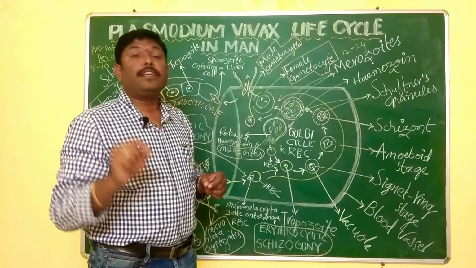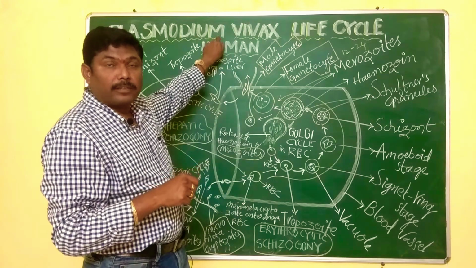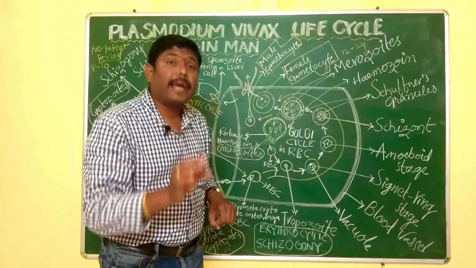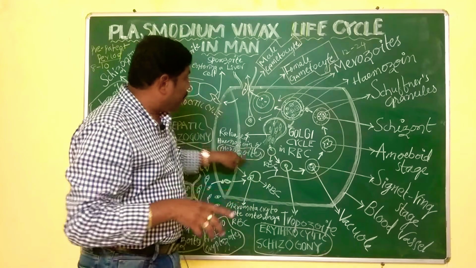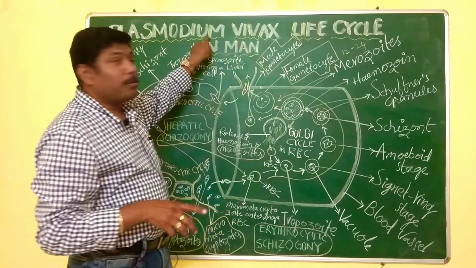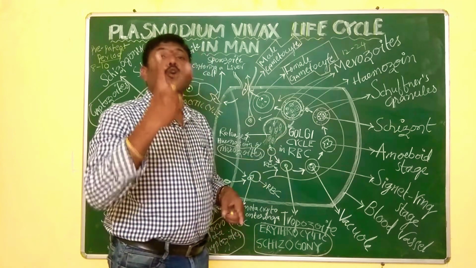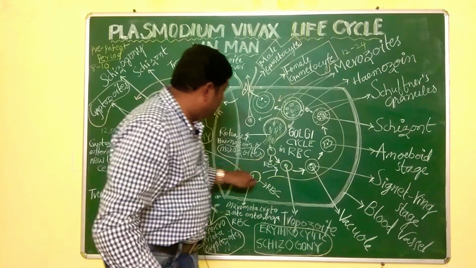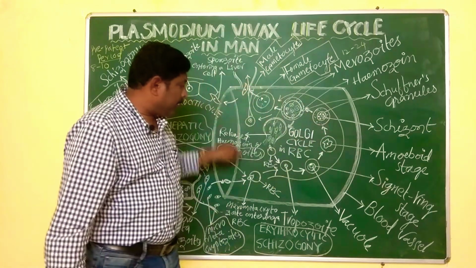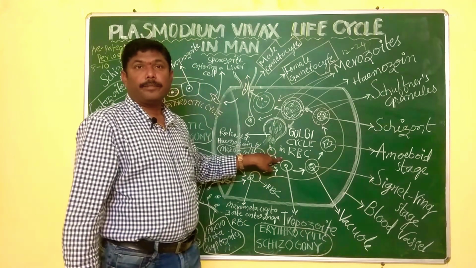The malarial fever which is occurring due to Plasmodium vivax is called as benign tertian malaria, and in RBC the Plasmodium vivax completes its life cycle in 2 days or 48 hours. This is about the life cycle of Plasmodium in RBC.